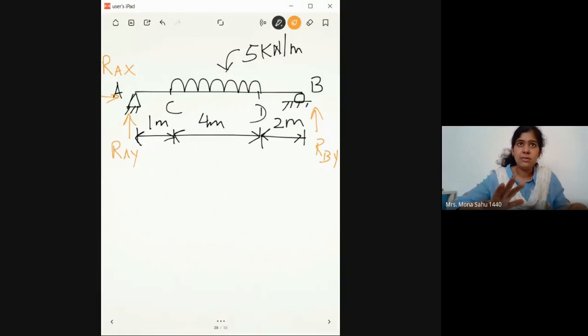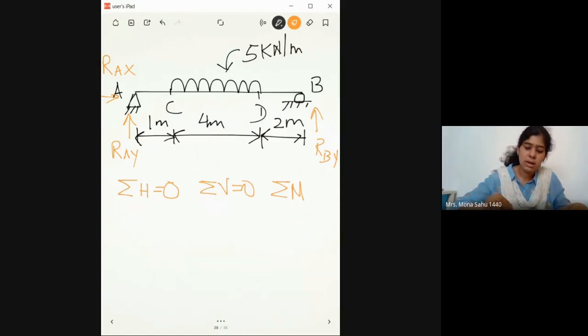If all of you are clear, here we need to use the equations of equilibrium. The summation of all the horizontal forces equals 0, the summation of all the vertical forces equals 0, and the summation of all the moments at any point. Now how many points do you see here? A, B, C, D, and all of this will be equal to 0.